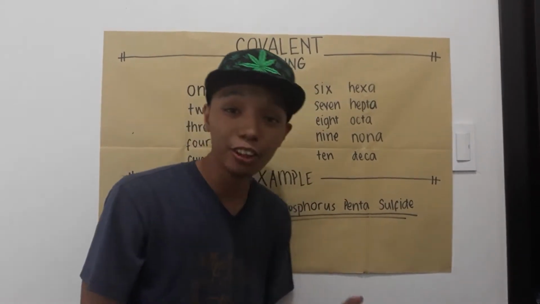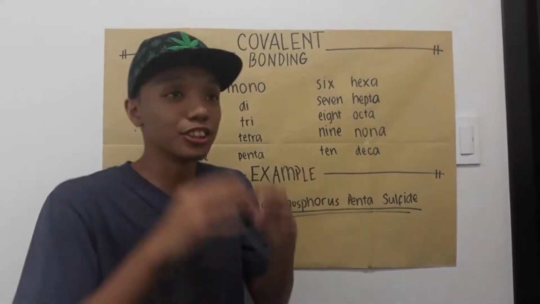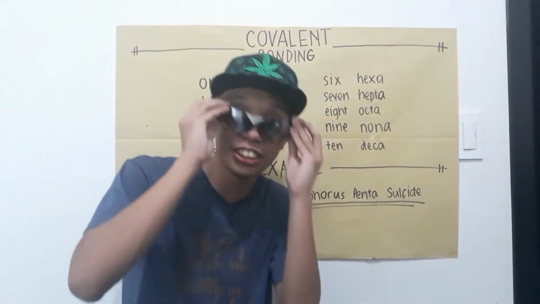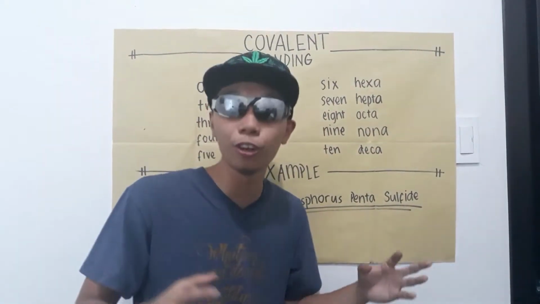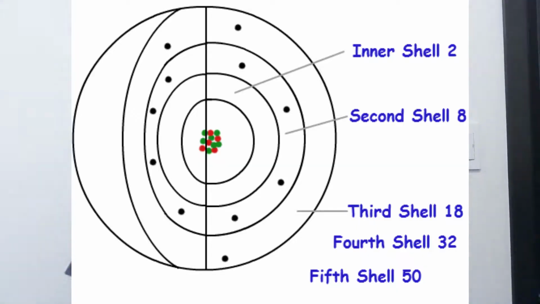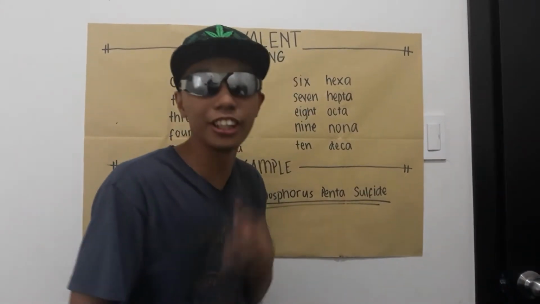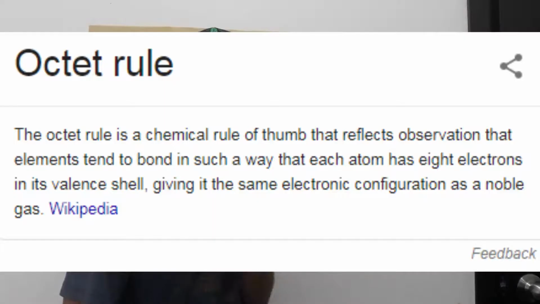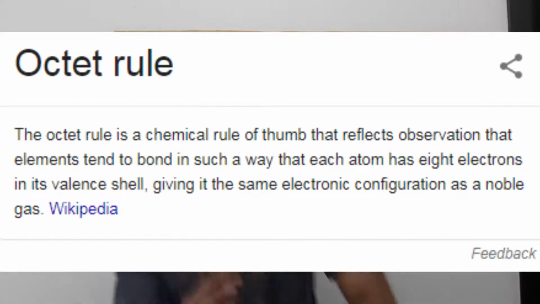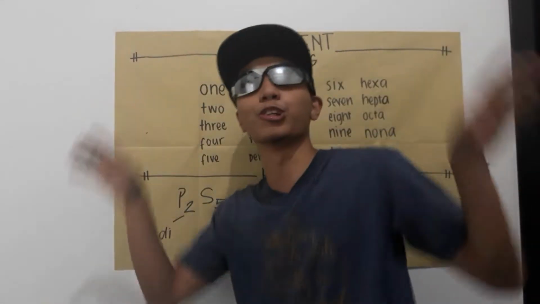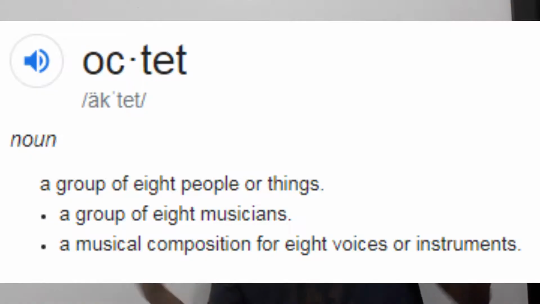They bond with other atoms to gain more stability, which is gained by forming a full electron shell. In order to have a full electron shell, it needs to follow the octet rule. It needs 8 valence electrons on its outer shell because it's octet.